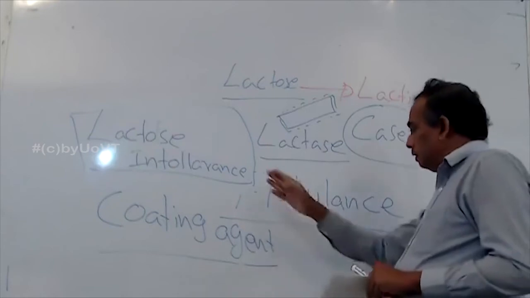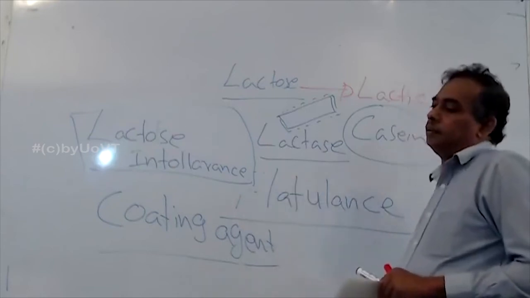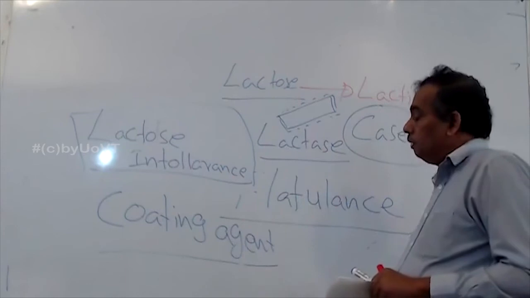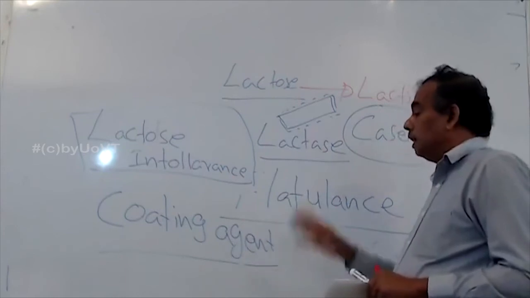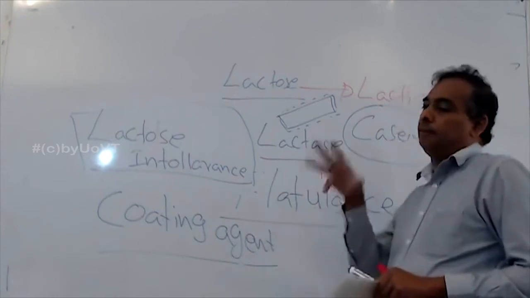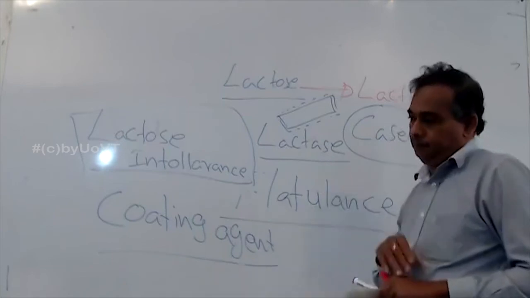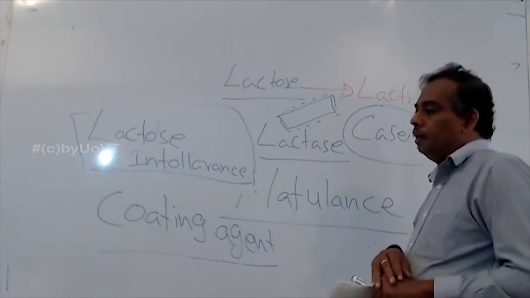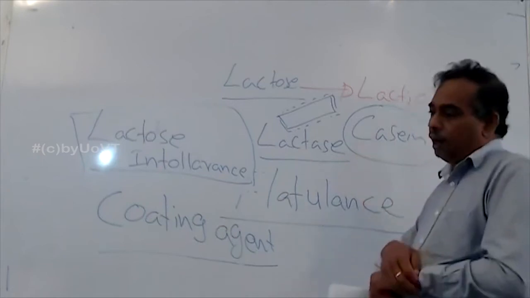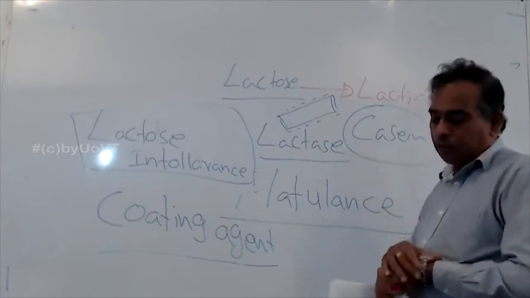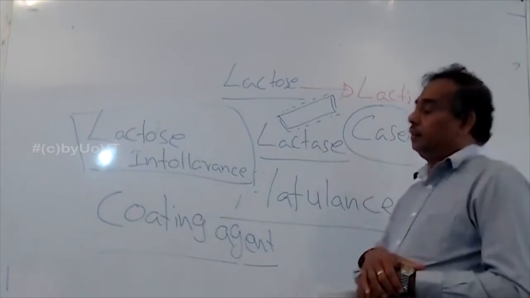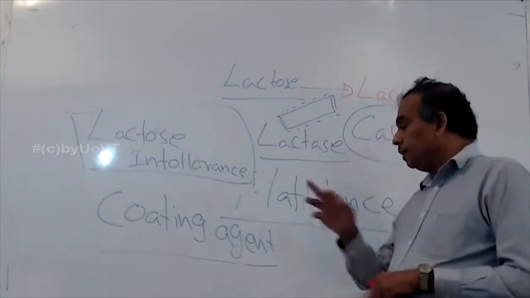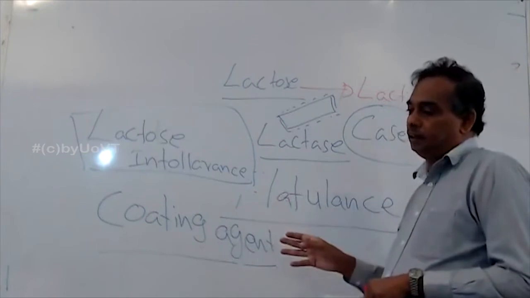In addition to the sweetening capacity of lactose, it has an additional property because it can absorb so many flavors and colors. Lactose can take on so many flavors and colors, and therefore it is very important in the food industry.